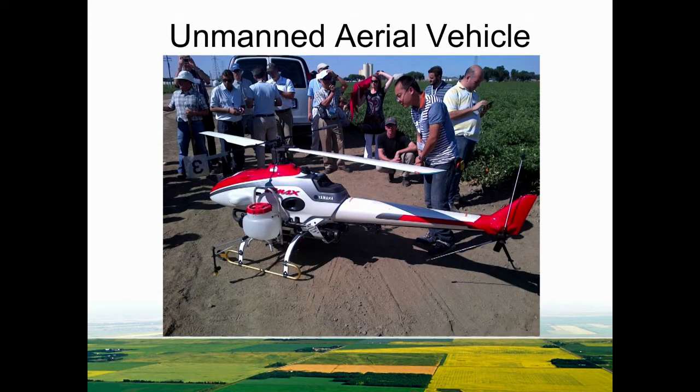Here's an example of an unpiloted unmanned aerial vehicle I saw in Sacramento this year. It's developed by Yamaha. It's over $200,000, and they use it to spray 1 acre per application for disease and that type of thing. It's just an indication of the things to come.